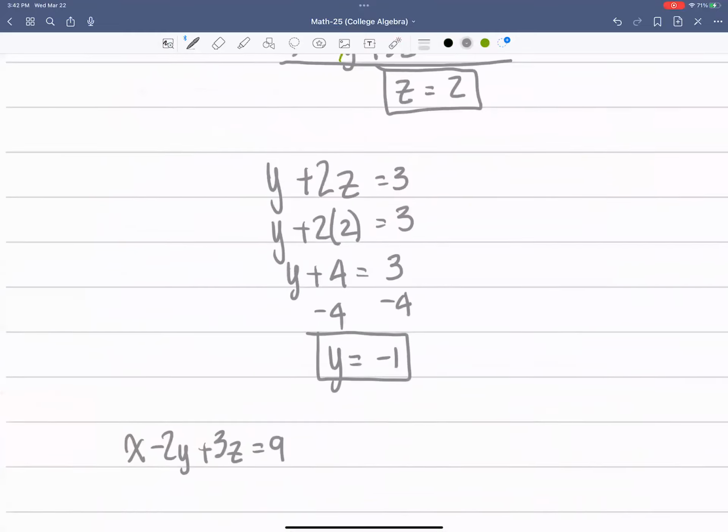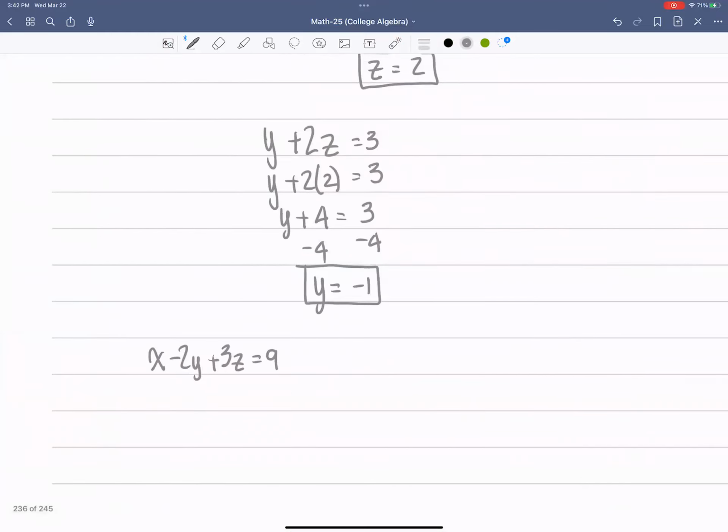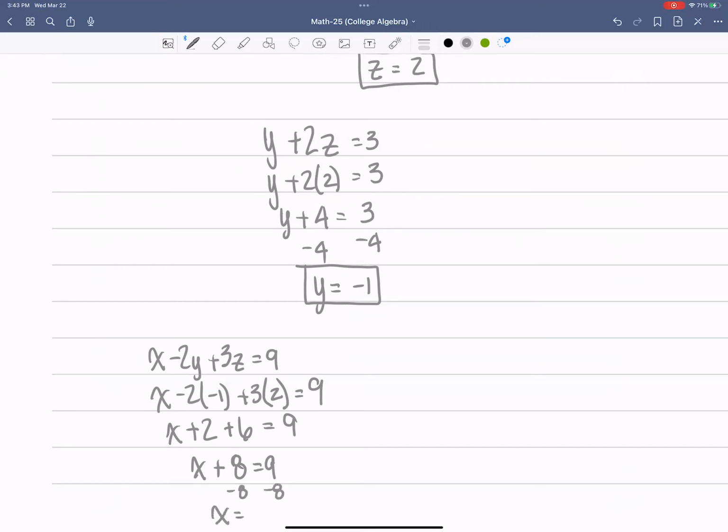We don't know what x is, minus 2 times y, which we found out was negative 1, plus 3 times z, which we found out was 2. So negative 2 times negative 1 gives us a positive 2. 3 times 2 is 6, so plus 6 is equal to 9. We have x plus 8 is equal to 9. Subtract 8 from both sides. We end up with x is equal to 1.